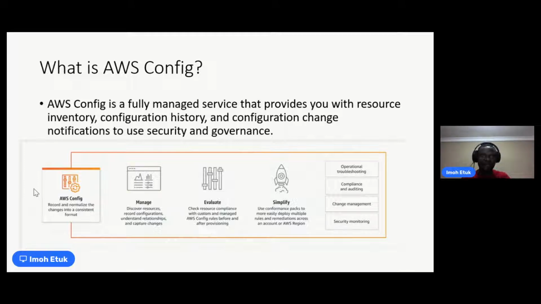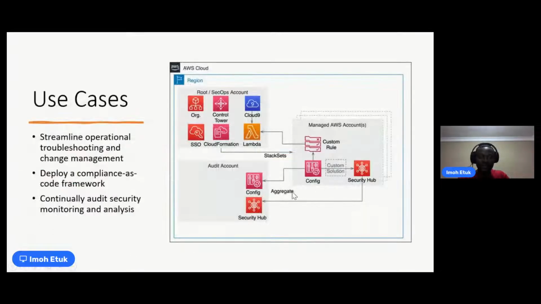Then it starts to manage: it discovers resources, records configurations, understands relationships, and captures changes happening within your configuration. After that, it helps to evaluate them and simplify everything for you. That makes it very suitable for meeting the compliance requirements put in place by your organization.